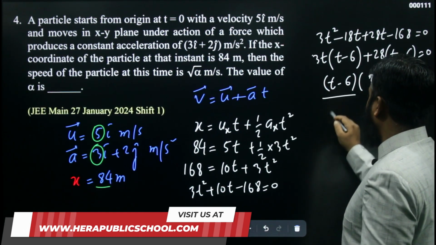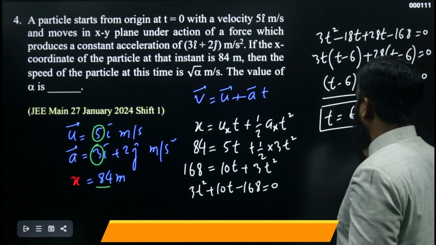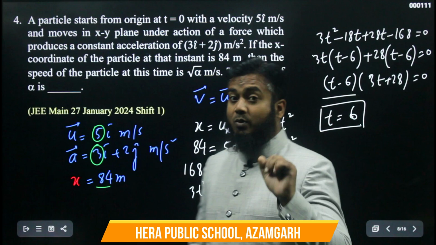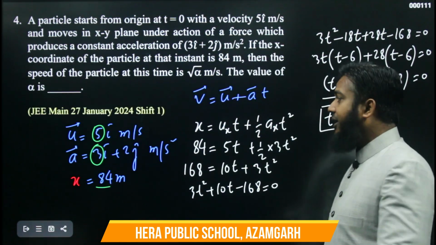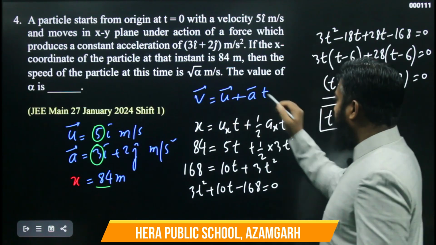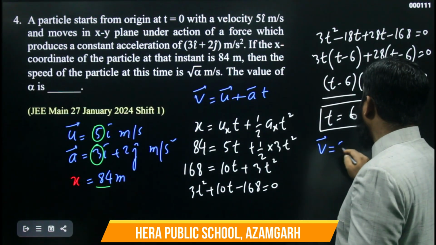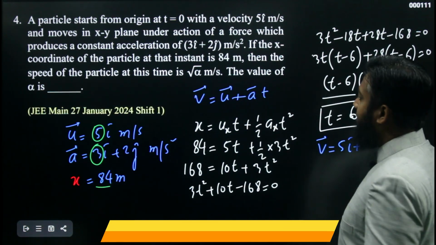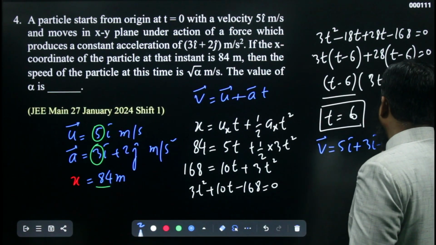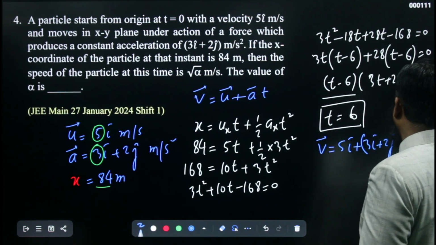Certainly t − 6 = 0 is the solution, that is t = 6 seconds. So the moment when x is equal to 84 is t = 6. Now we have to find the speed at this particular moment. So now use this equation, v = u + a t, where vector u is 5i, plus vector a, which is 3i + 2j, into t, which is 6 now.